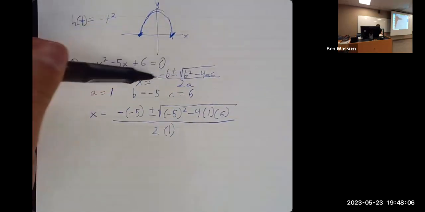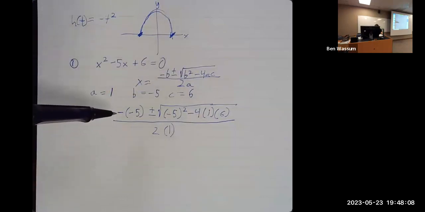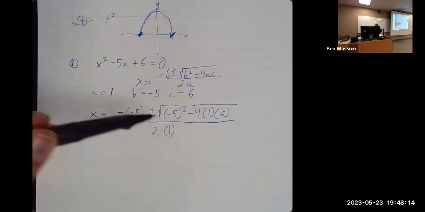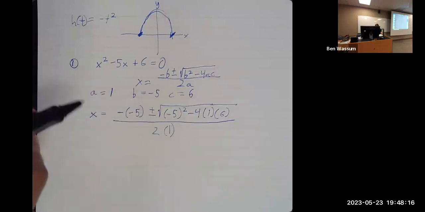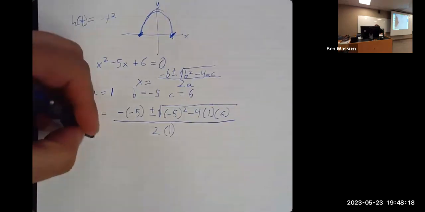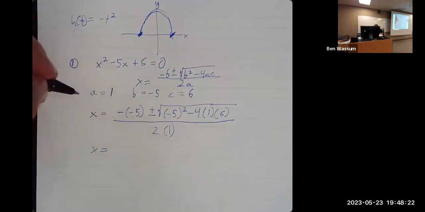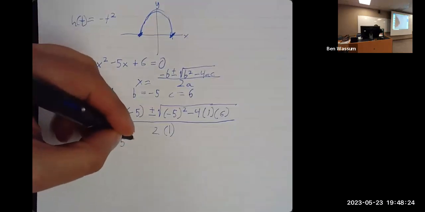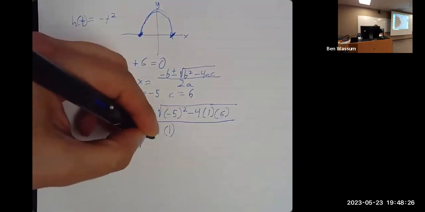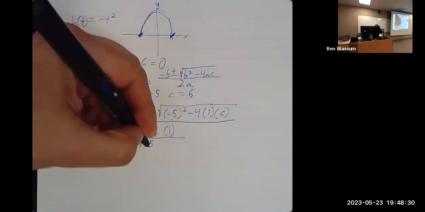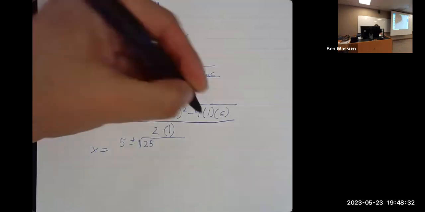Other than memorizing this thing and cleaning it up, we're effectively done. That's what the quadratic formula is going to give us. We just need to figure out what numbers this spits out. So negative of a negative, +5, plus or minus square root, -5 squared is +25.